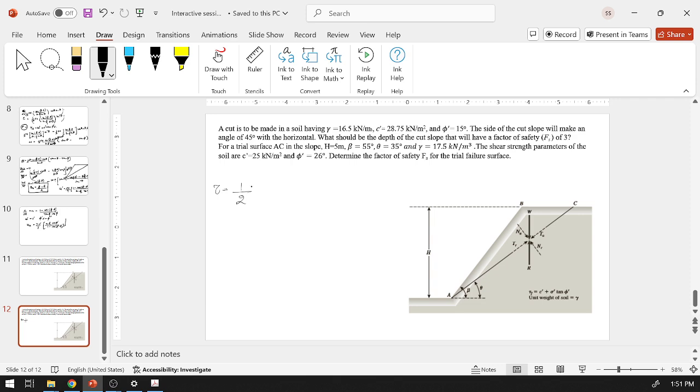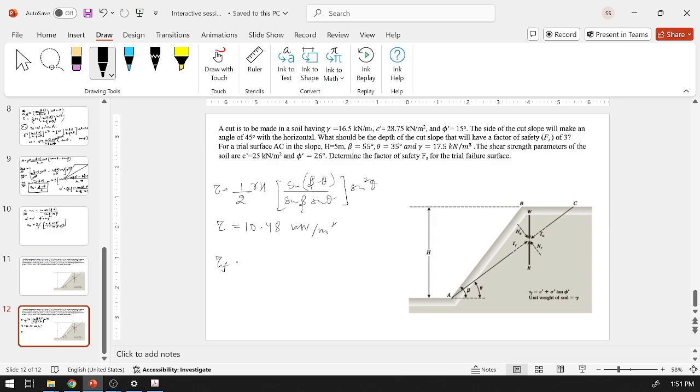It was half of gamma h sine of beta minus theta over sine beta sine theta, sine squared theta. If you calculate this, it comes out to be 10.48 kilonewton per meter square.